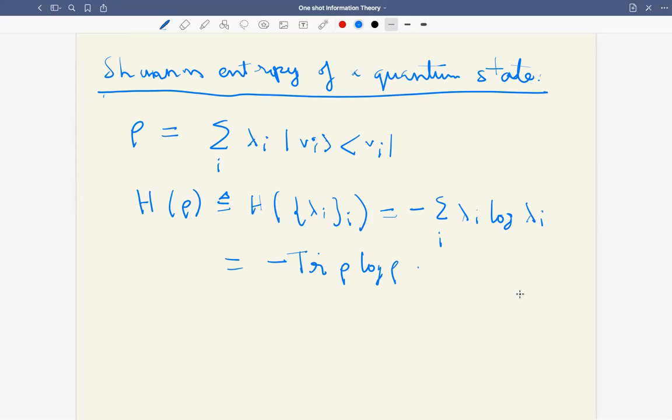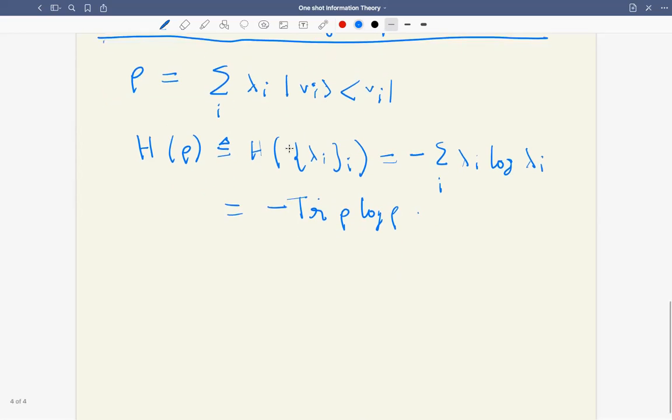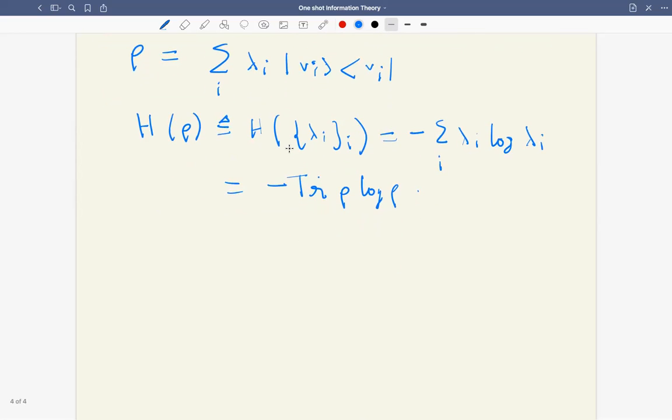When he did it, he was probably in Hungary, or in Austria, not in Germany, in the 1930s. Anyway, this is the definition of the Shannon entropy of a quantum state.